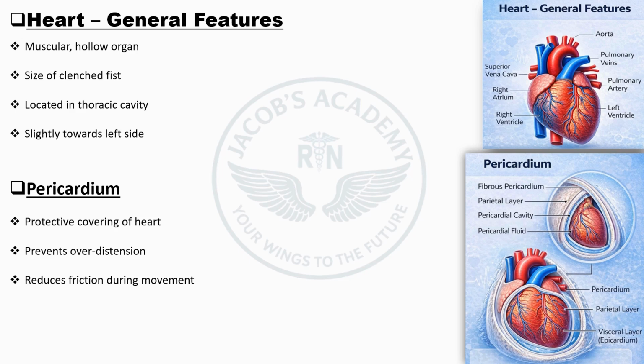It also reduces friction during heart movements by the presence of pericardial fluid, allowing smooth and continuous beating of the heart. So the pericardium plays an important role in protecting and maintaining the normal function of the heart. Here in this image we can see the general features of the heart, the labeling, and the pericardium also.